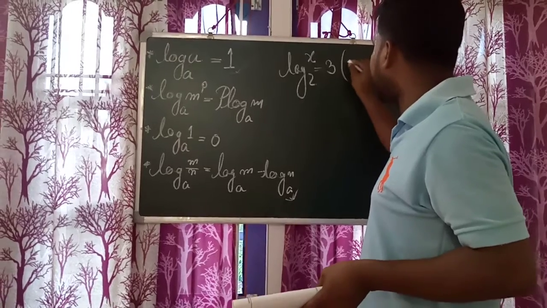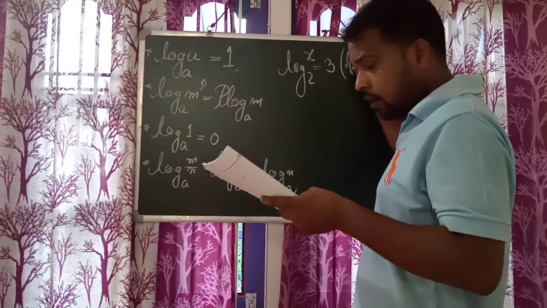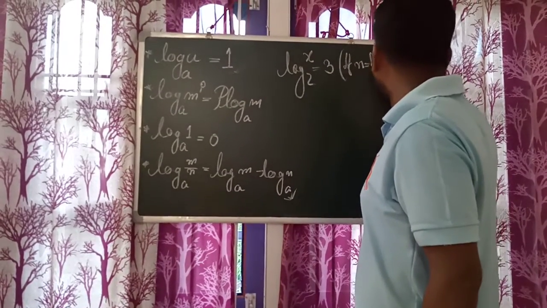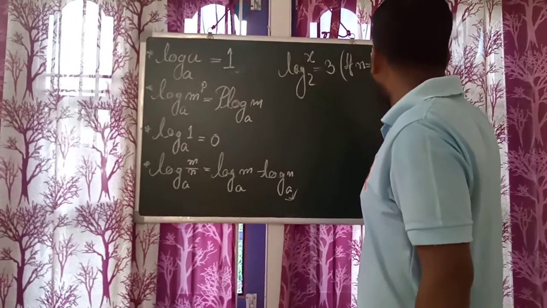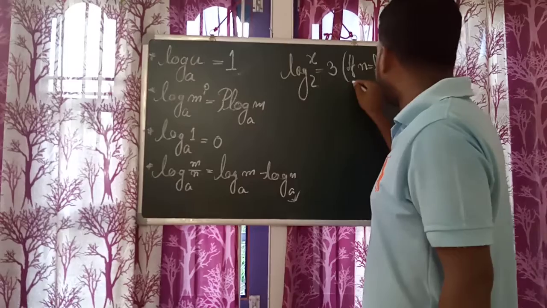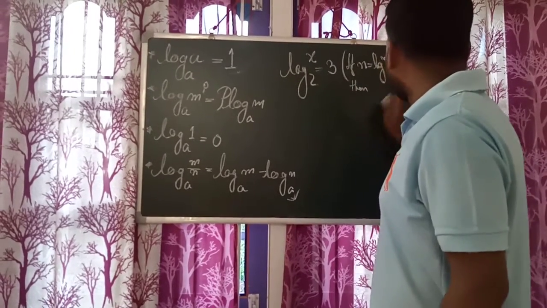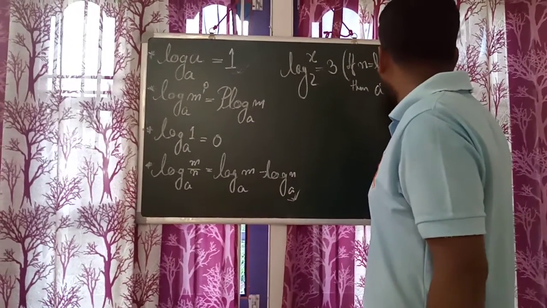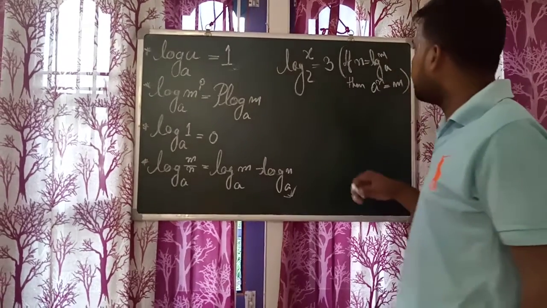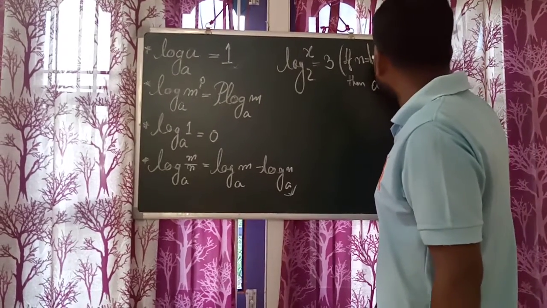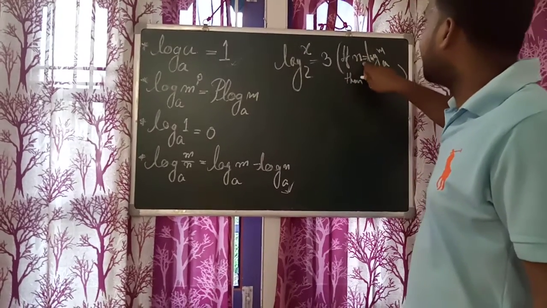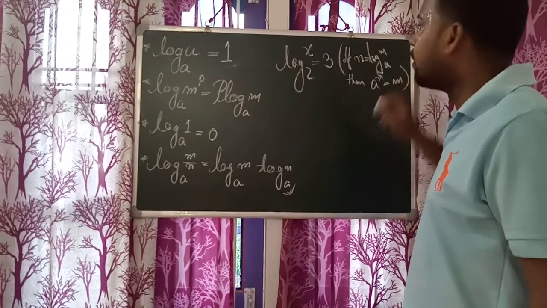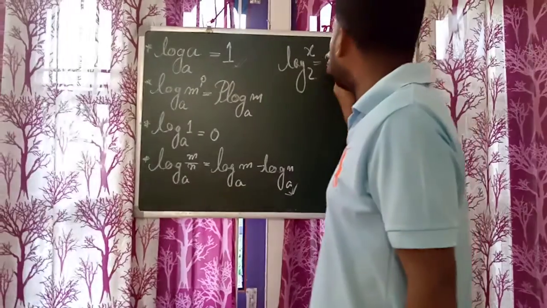You may write it this way: if n is equal to log m base a, then a to the power n is equal to m. This thing you have to understand. If n is equal to log m base a, it can be written as a to the power n is equal to m.